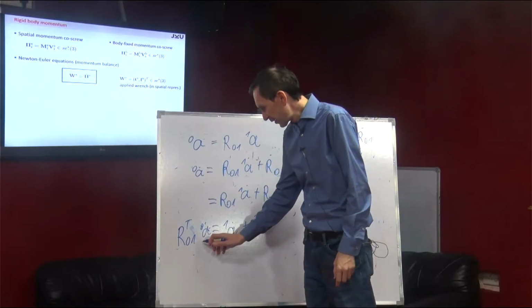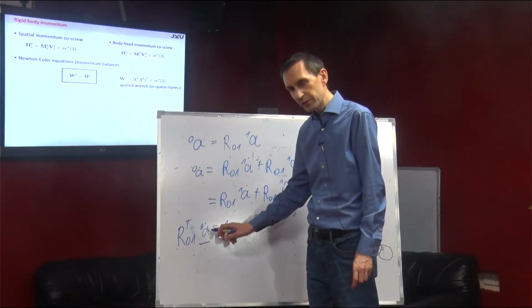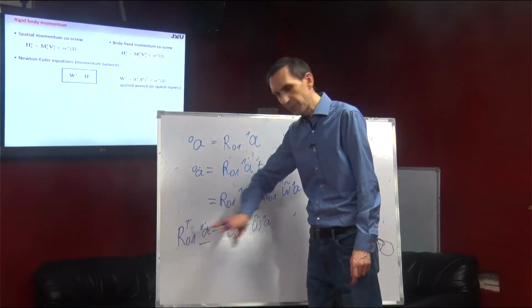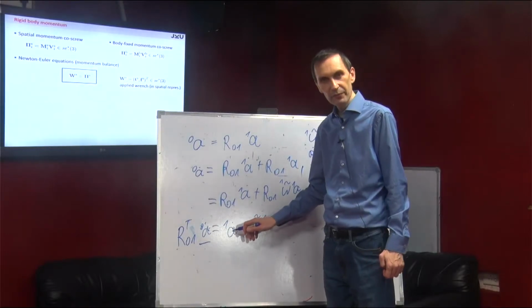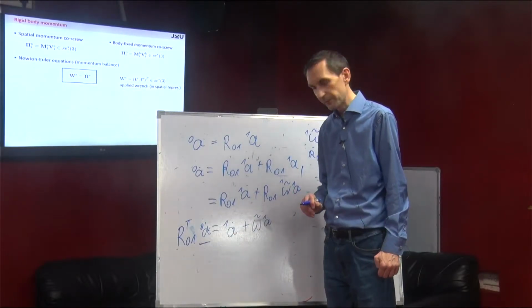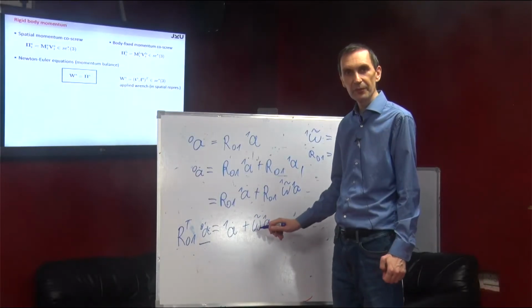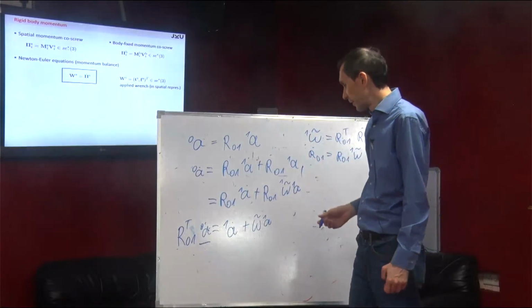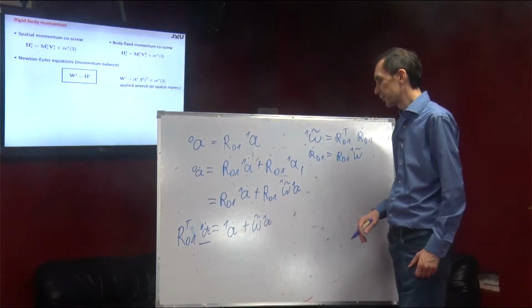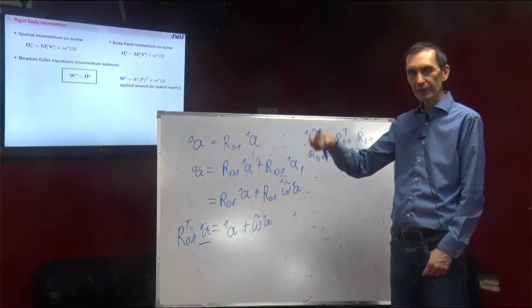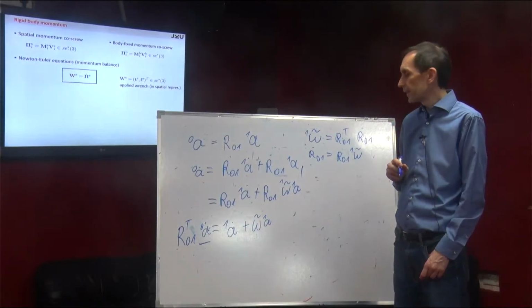Whatever comes out of the space fixed derivative, transformed in the body fixed frame, is related to the time derivative of the same vector when expressed in the moving frame. But there is this additional term. This is the convective term, which is due to the rotation. That is also called the Euler formula for taking time derivatives of vectors expressed in moving body frames.